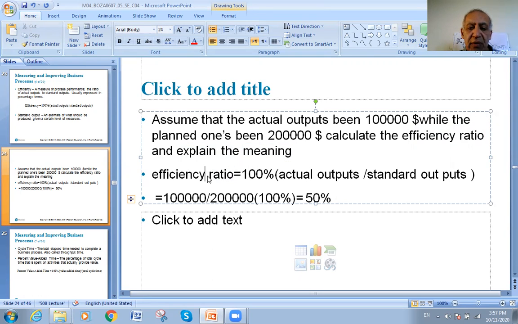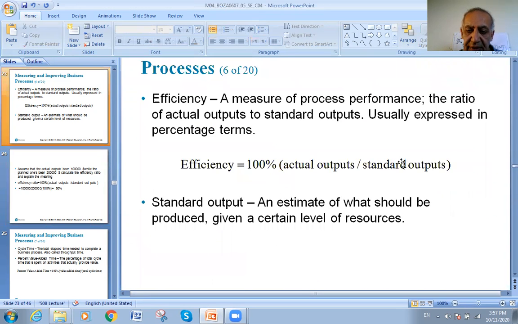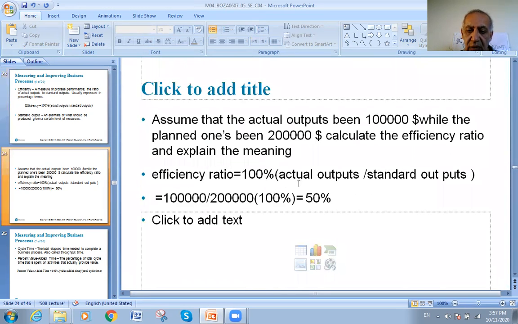Efficiency ratio equals 100% multiplied by actual, the same rule. Then we substitute the actual outputs, $100,000, divided by the standard, or the plan, $200,000. Then 100,000 by 200,000, multiplied by 100%, gives me 50%. The meaning of this is that I did only half of my dreams.